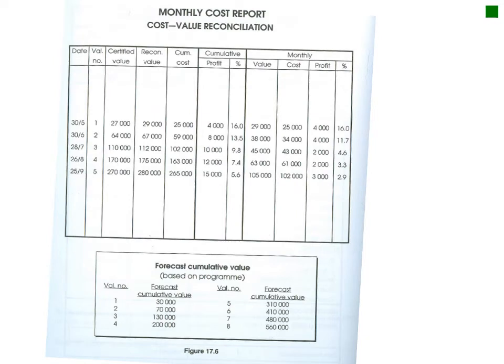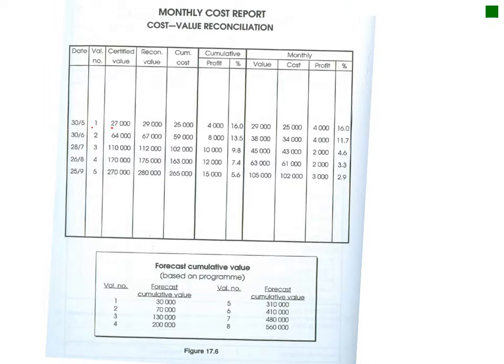Okay, so we're not going to look at that in too much depth, because that is done extensively in CFNR. But we're just going to look at an example. Your monthly cash flow report may look something like this. So for month 1, you have your certified value. That's the amount of work certified.